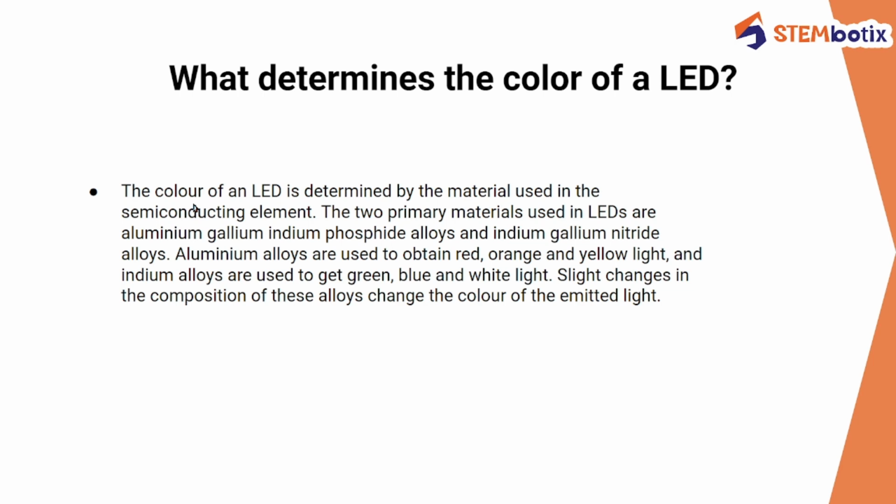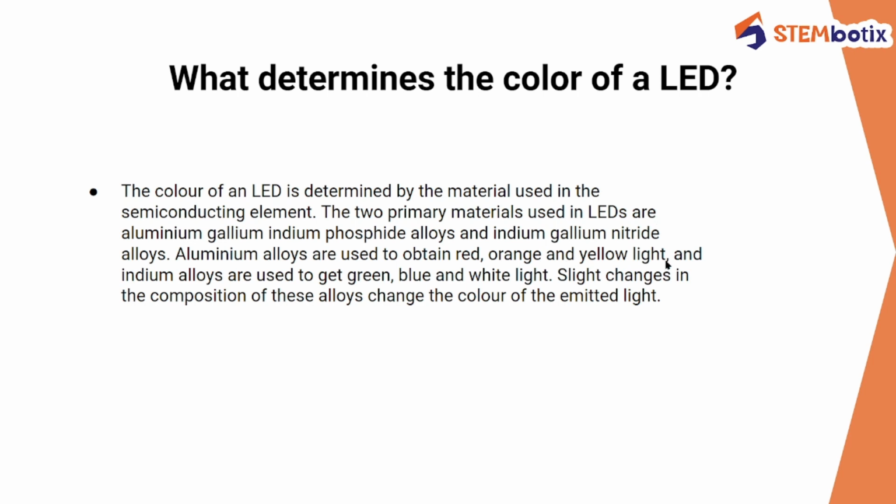The two primary materials used in LEDs are aluminum gallium indium phosphide alloys and indium gallium nitride alloys. So these are the two primary materials used in the formation of LED. When aluminum alloys are used, red, orange or yellow light will be emitted.